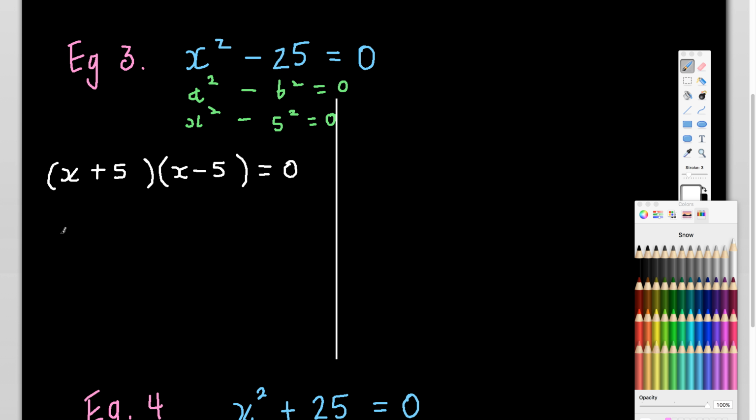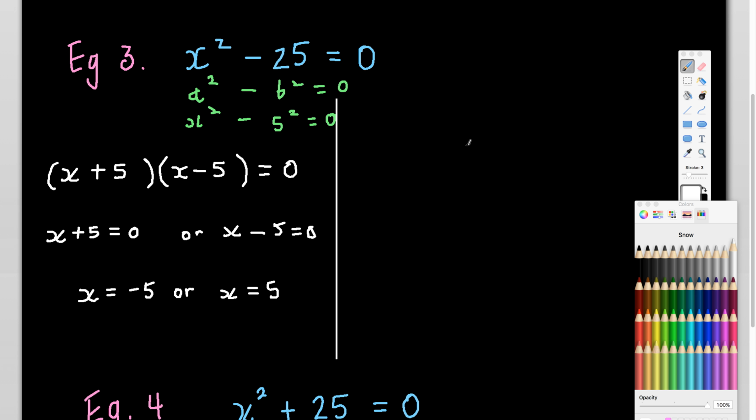I can say that for this to be equal to 0, x plus 5 or x minus 5 will equal 0. And then we get an answer of x is equal to negative 5 or positive 5.